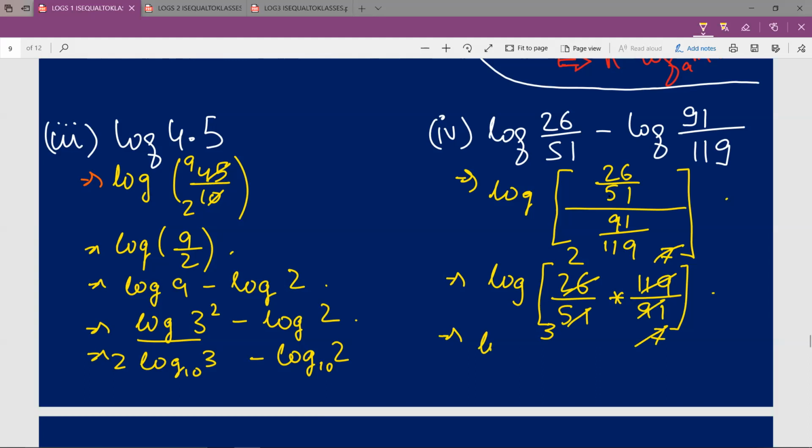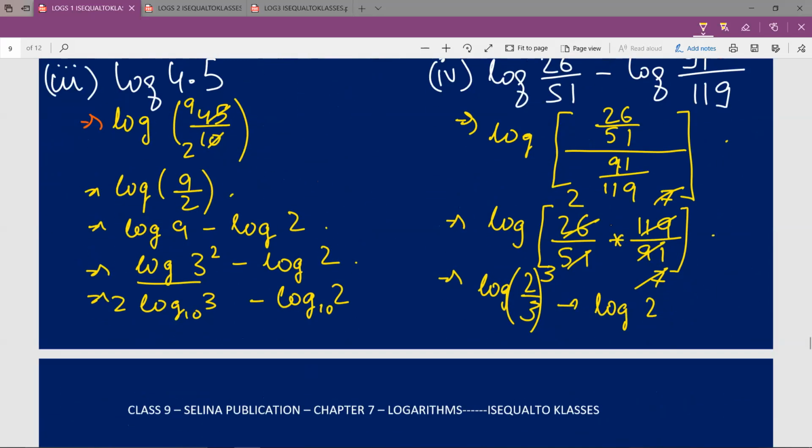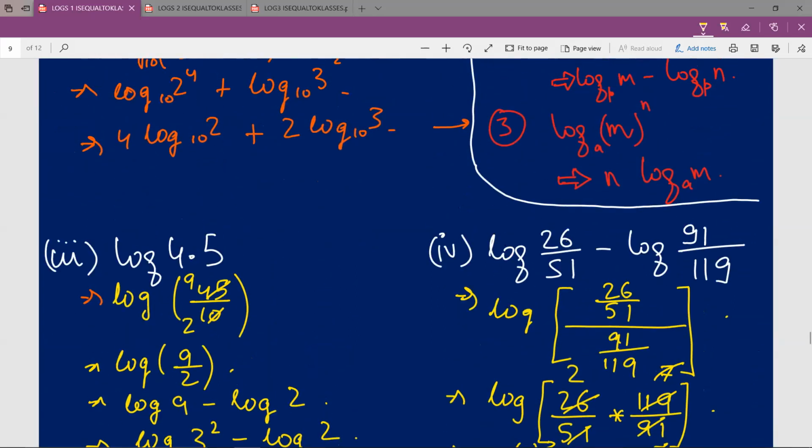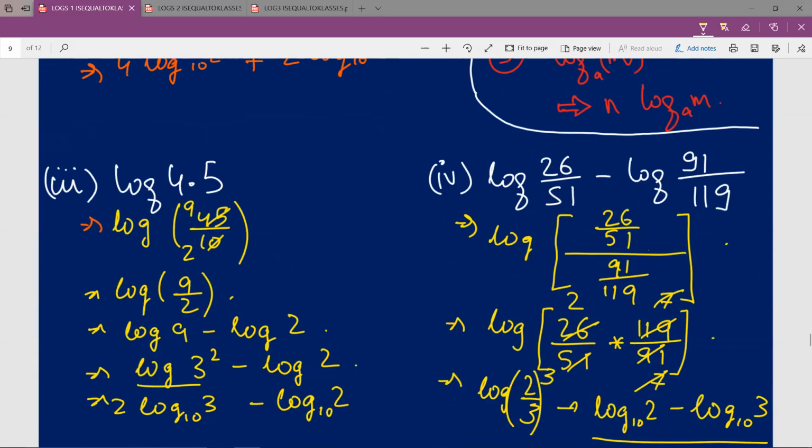So we are left with log of 2 by 3, and log of 2 by 3 can be written, taking the second law again, as log of 2 minus log of 3, and we'll use a base of 10 because there's no base given, so we'll assume it as 10. So this is the final representation of log of 26 upon 51 minus log of 91 upon 119. This is the final answer of the fourth subpart.